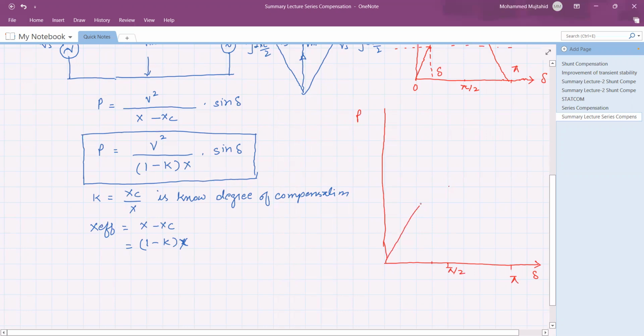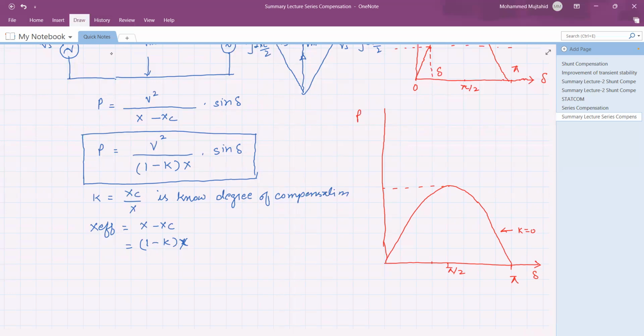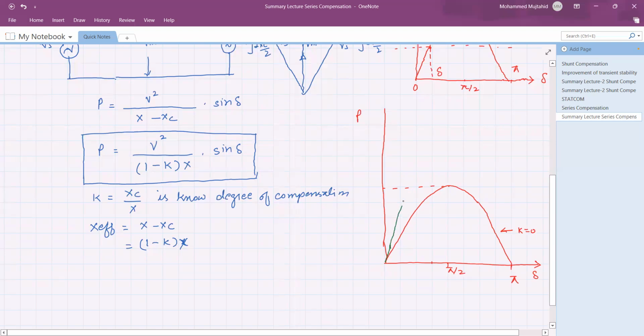This is the curve without any series compensation, where no compensation means K is equal to 0, and we get the same equation. But if you increase the value of K, the compensation starts increasing, and the power handling P-delta curve will be like that.